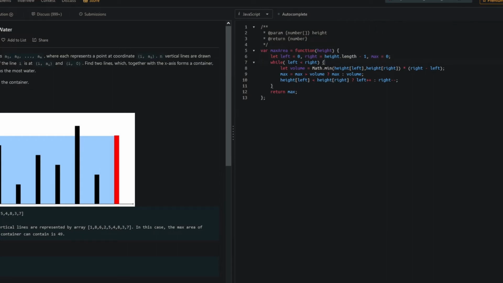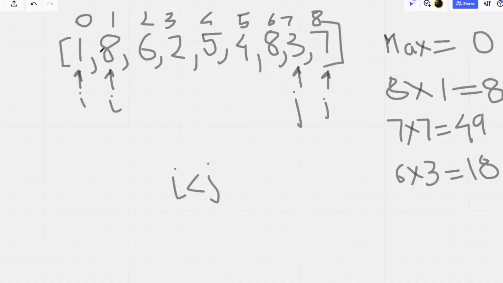Then while left is less than right, we calculate. So this shouldn't be named volume, this should be area. That would be a more appropriate naming, but let's just ignore that for now. So volume is Math.min. We take the min between the two numbers that we have, in this case 1.